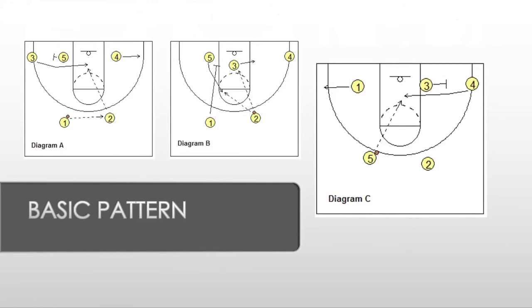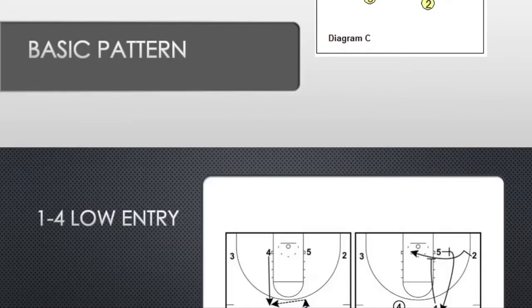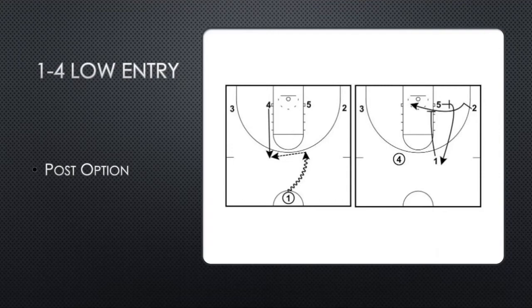The cool thing about basketball, especially when you're running a continuity offense, is that there are different entries, right? And so some ways to help disguise what you are doing is to make it look a little bit different to disguise your pattern, right?